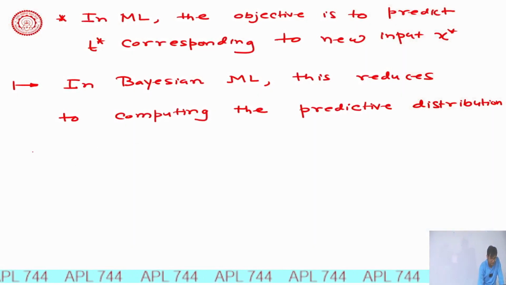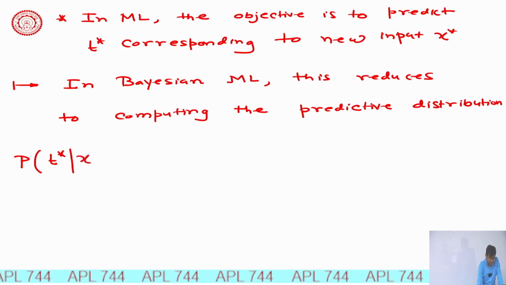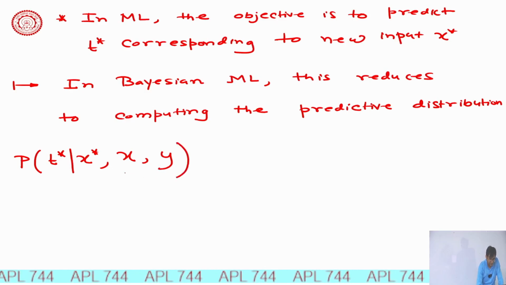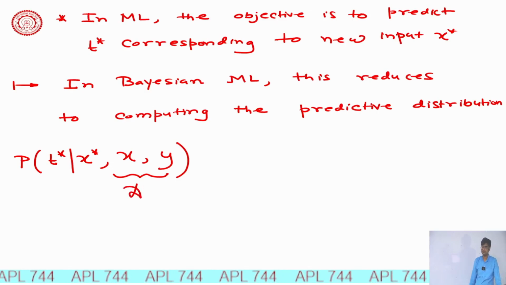So, predictive distribution, that is equal to probability of t star given x star comma x comma y, where this is basically your training data x comma y. Okay.